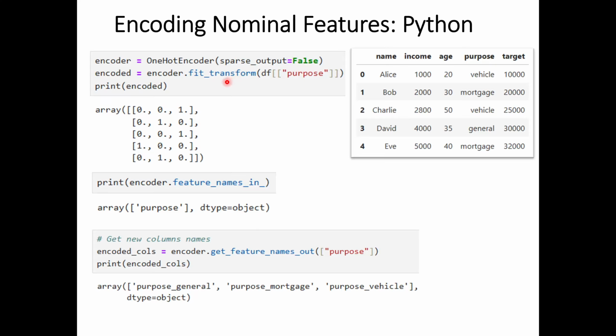The fit_transform method encodes the purpose feature. As a result, we get a matrix of 3 new binary columns where each row contains exactly a single 1. We can also check the name of the feature we encoded and the automatically generated names of the new features.